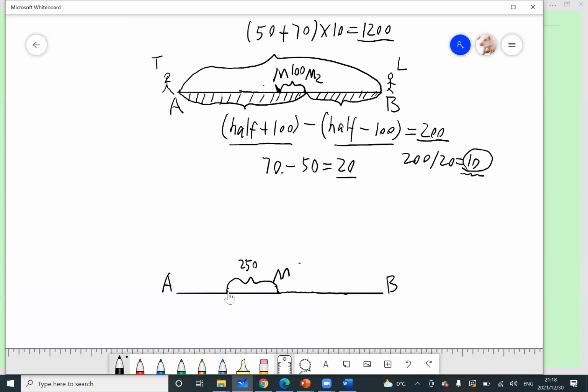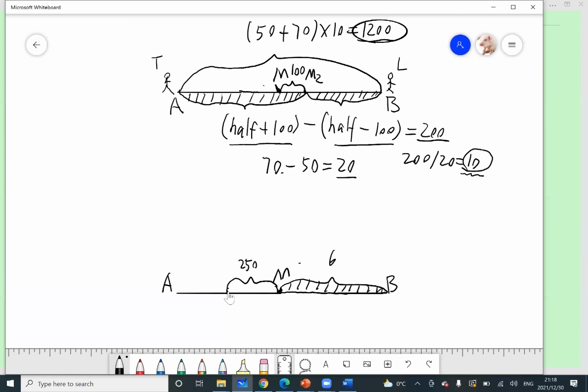How about the distance between M and B? 600 meters. Very good. So from the first case, we already found the length of the path is 1,200 meters. So this is half the length of the path.